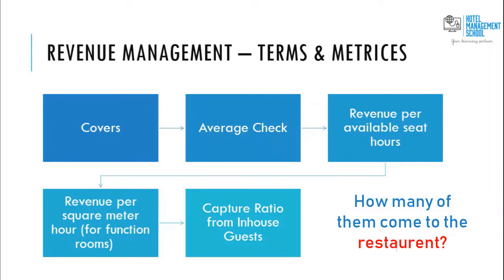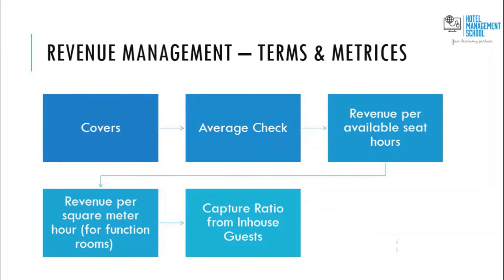It depends. This capture ratio identifies how effective the hotel's in-house marketing is. How many guests am I able to capture from the guests who are staying in my hotel? You don't need to run Facebook ads for them. You don't need newspaper or magazine ads, nothing.